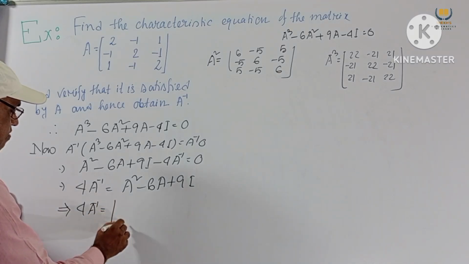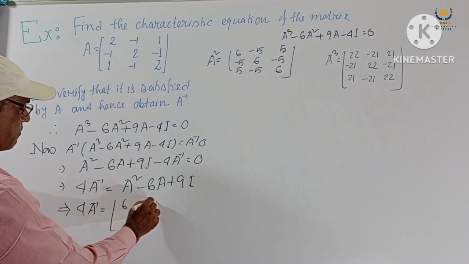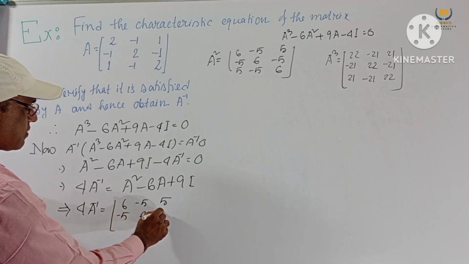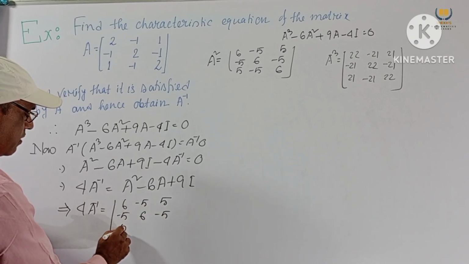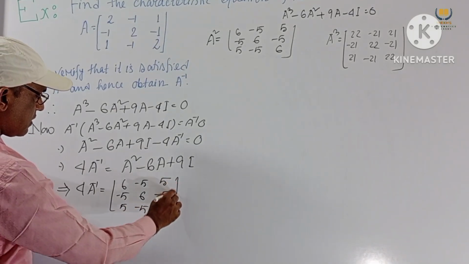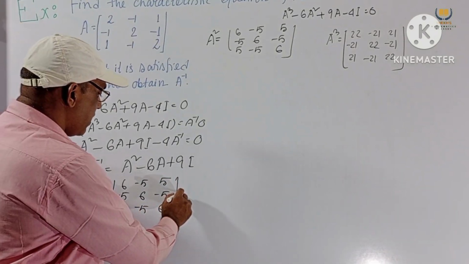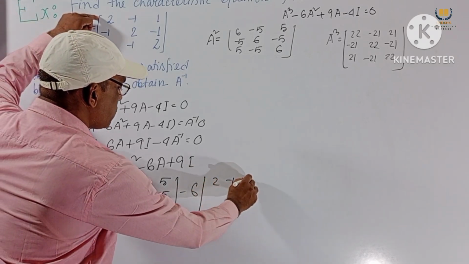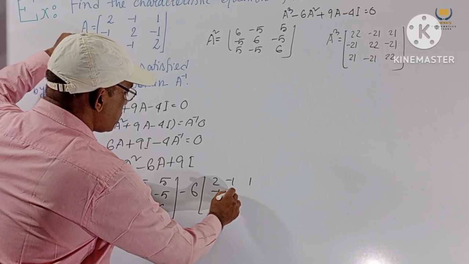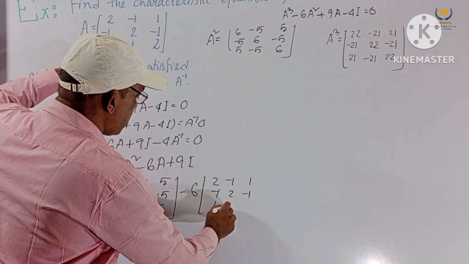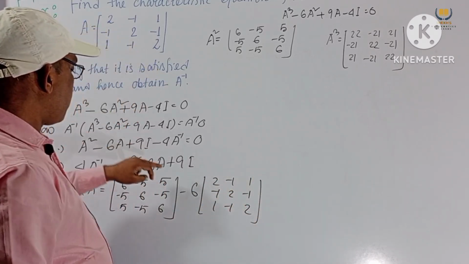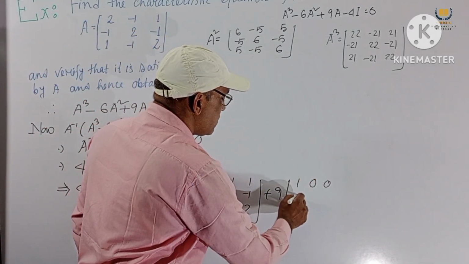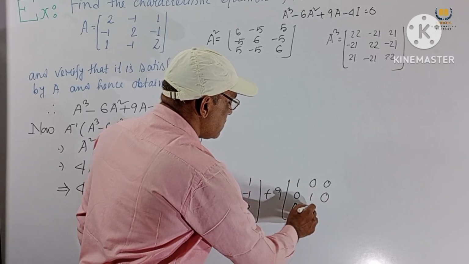Putting the value: 6 minus 5 5, minus 5 6 minus 5, 5 minus 5 6, minus 6A. A means 2 minus 1 1, minus 1 2 minus 1, 1 minus 1 2, plus 9I. I means 1 0 0, 0 1 0, 0 0 1.